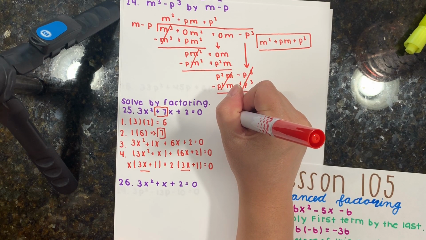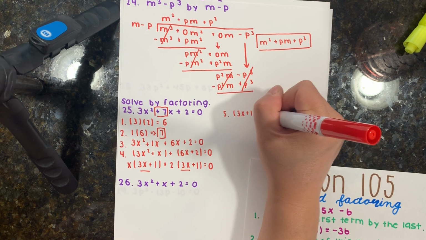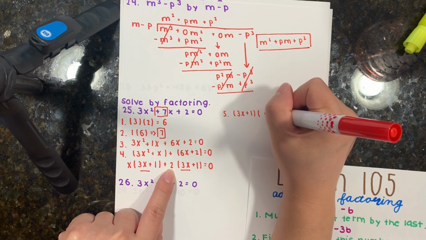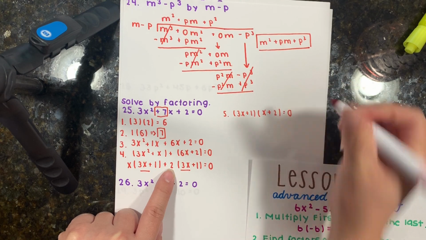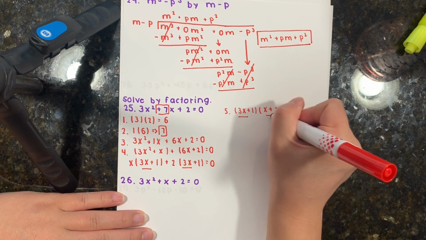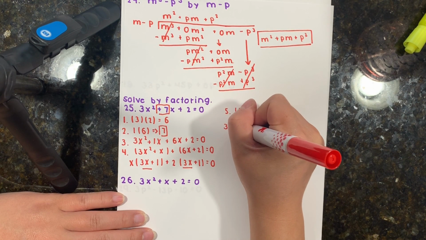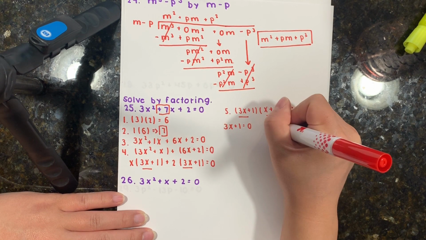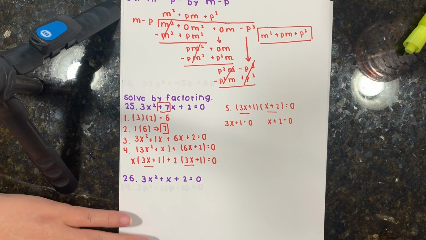So for step 5, you would have 3x plus 1 times what's left, which would be the x plus 2. But because you're solving, you factor that into 2 parentheses, so now you have to set each of these equal to 0. So I'm going to set 3x plus 1 equal to 0, and then x plus 2 equal to 0, because you're solving for x.